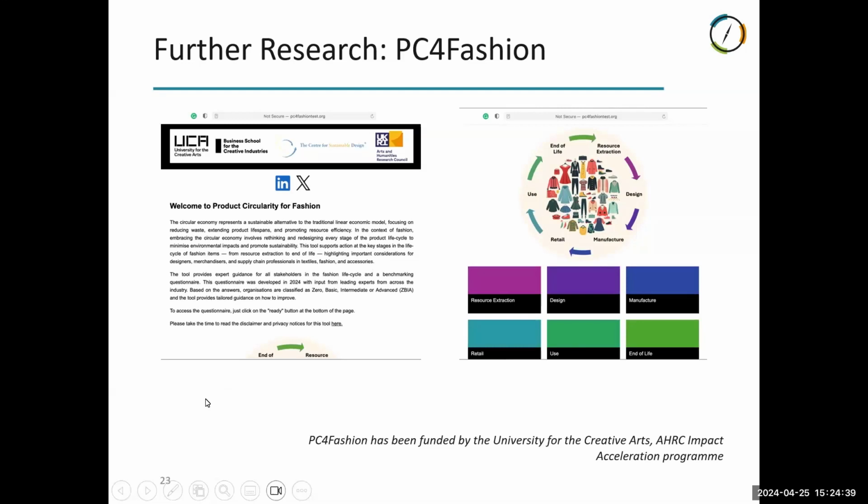Now, this tool aims to support users within the industry to identify individual and organizational circularity maturity levels, identify the most relevant product circularity strategies for their product and the associated sustainability trade-offs. So, for example, the trade-offs against the environmental, economic, and social aspects.